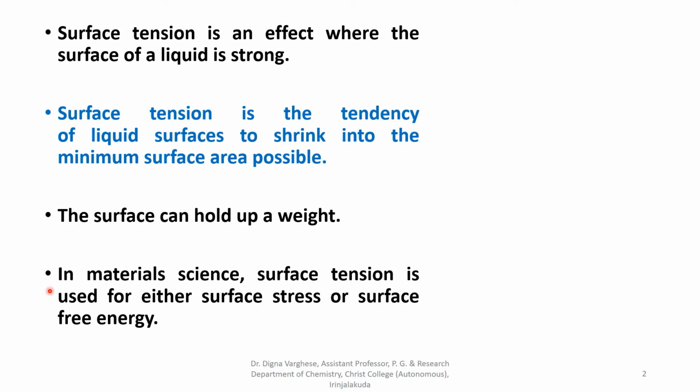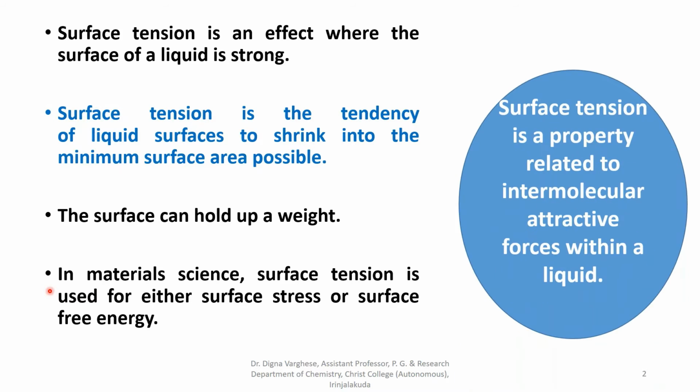In material science, surface tension is used for either surface stress or surface free energy. Therefore, surface tension can be defined as a property related to intermolecular attractive forces within a liquid.